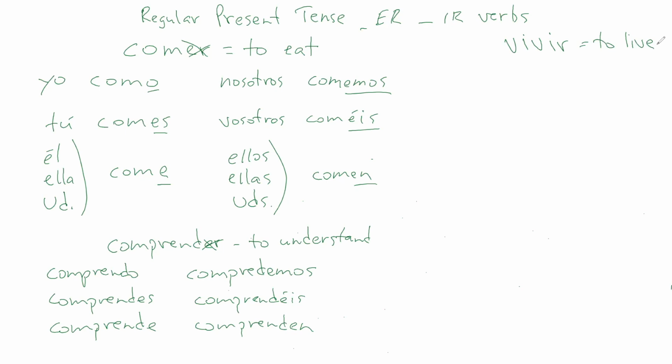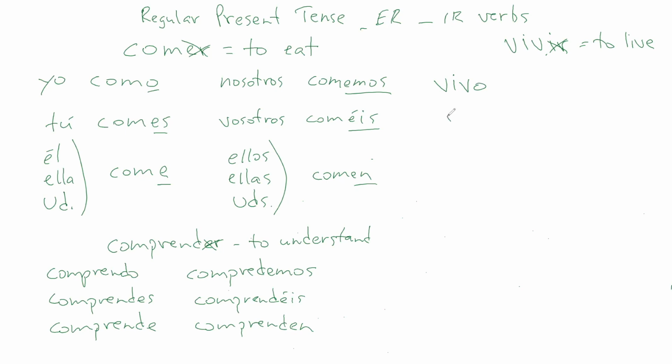Okay, so we're going to treat it like the others. We're going to drop the ending, the IR, and we're going to have our root. This time I won't bother writing the subject pronouns. Our root is going to be VIV, and here are our endings. Repeat after me.